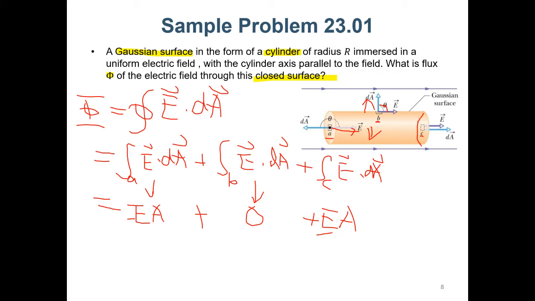You can imagine for single variable integration, if you integrate 3 dx from 1 to 5, it will be nothing but 3 times 5 minus 1, right?